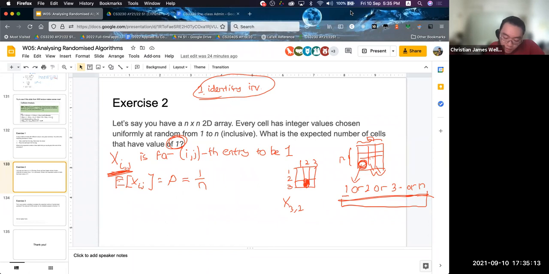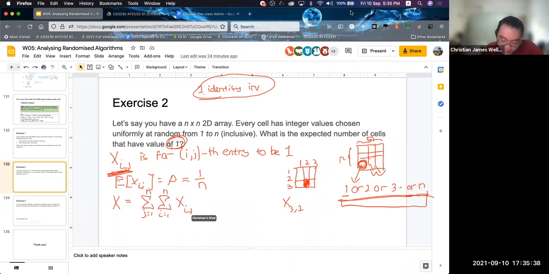Then the random variable X, the total number, is basically counting all those n squared cells. Wait, my pen is not working. X equals a summation, a nested summation, j from 1 to n, i from 1 to n. You can think of it like nested for loops when you're programming.